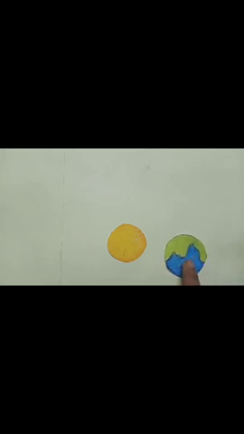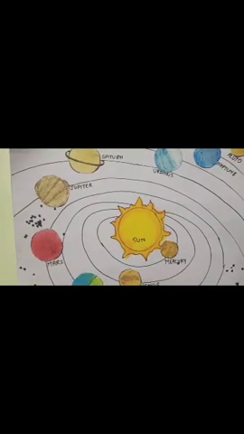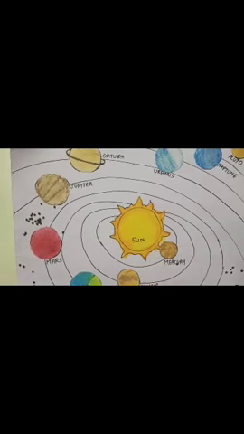We know that earth is a planet and it revolves around the sun. Other than earth, few more planets are there. Let's see their names one by one. We have seen Earth as a planet. Now let's begin one by one in a chronological order.